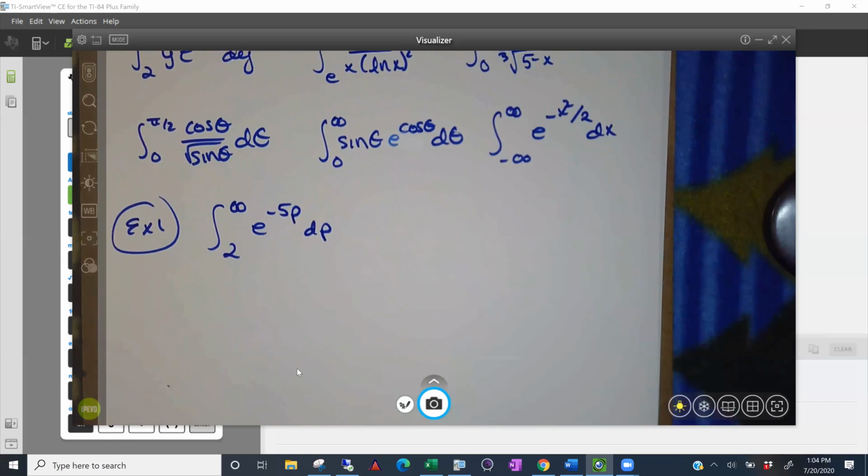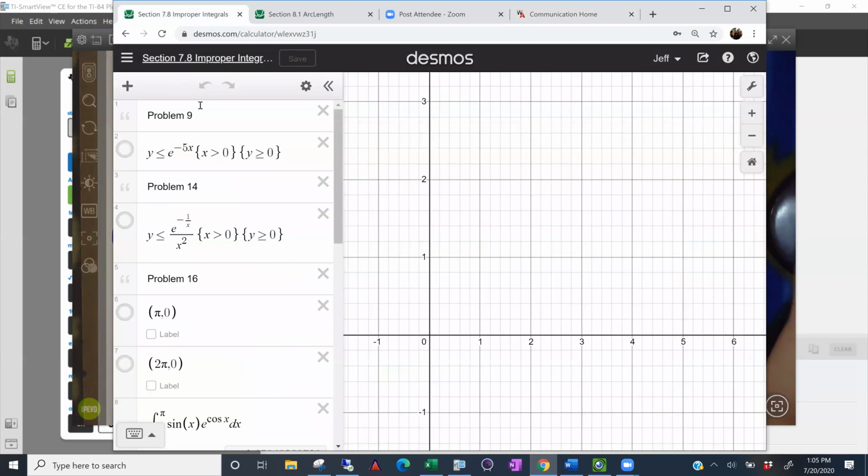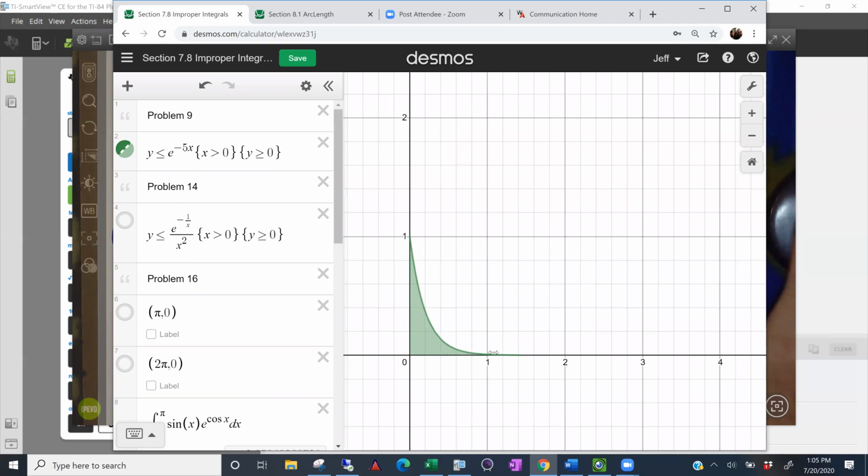Now let's try and understand visually what's going on when we're looking at this type of integral. I'm going to go back to my favorite friend, Desmos, for that. I do have this one sketched out. So remember that the definite integral has an interpretation with respect to an area.